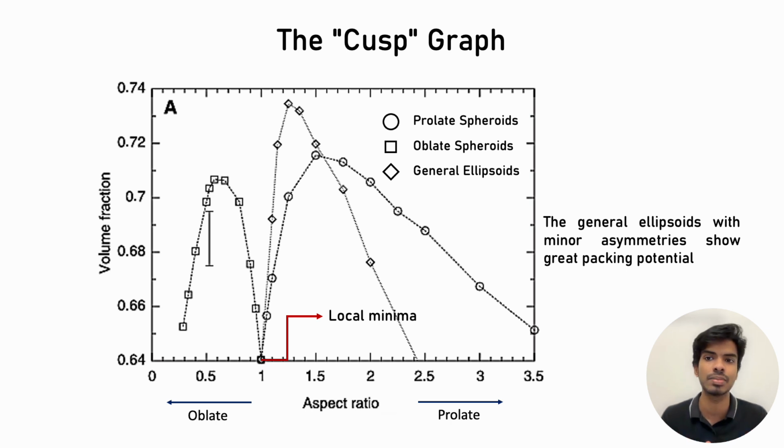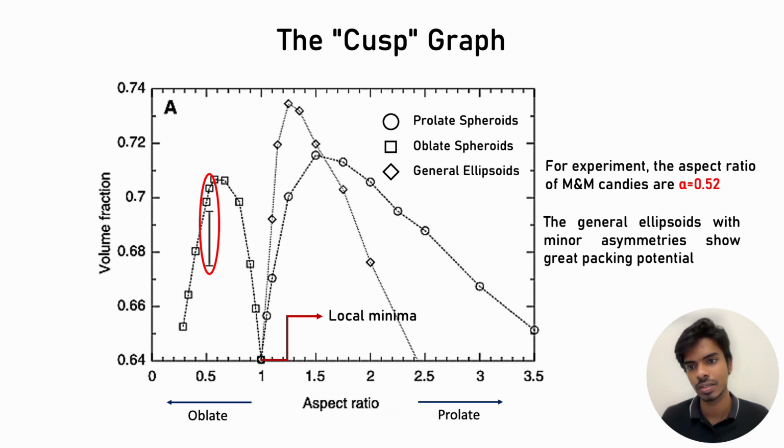As you increase the aspect ratio, it shows a maximum on the right side and also the left side. The one I have shown in red is the experimental one, which has some errors, and we can see the experimental and simulation results closely match each other.